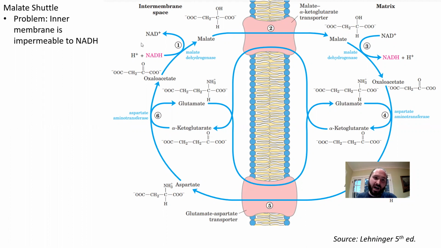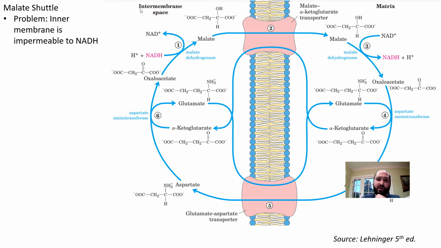We will actually do the opposite of what happens at gluconeogenesis. We'll oxidize NADH into NAD+, and we'll reduce oxaloacetate to malate. So this is cytosolic oxaloacetate. And by the way, remember, the intermembrane space is, for a lot of molecules, continuous with the cytosol because those porins on the outer membrane of the mitochondria allow conduction of a lot of different small solutes.